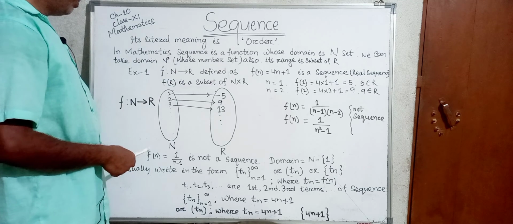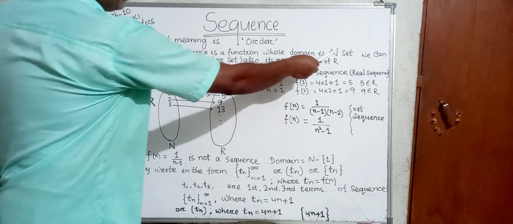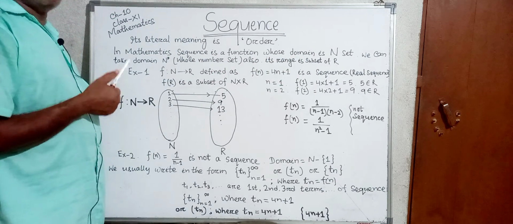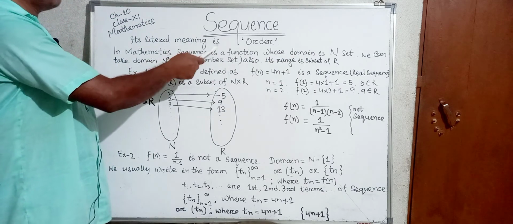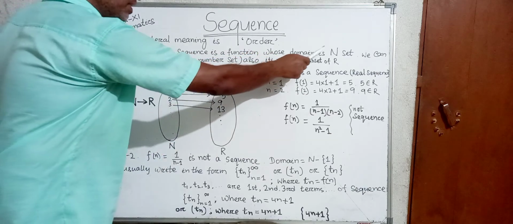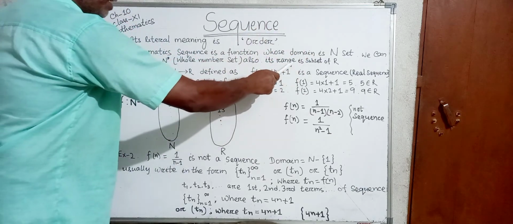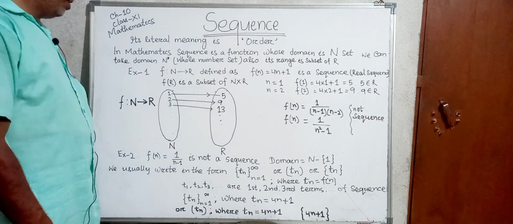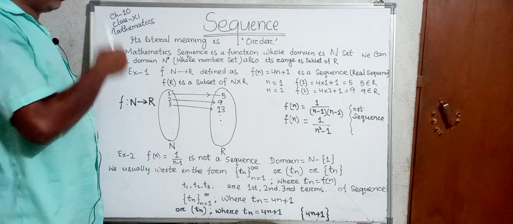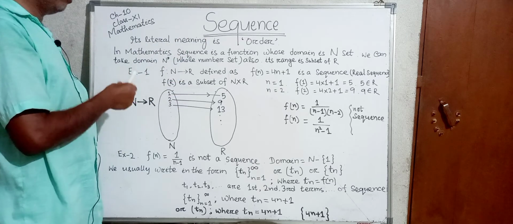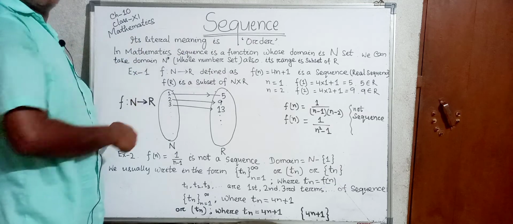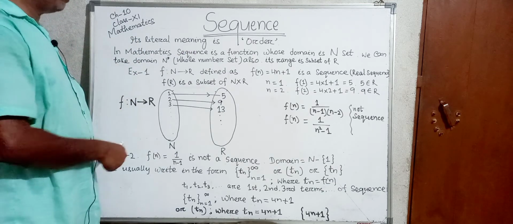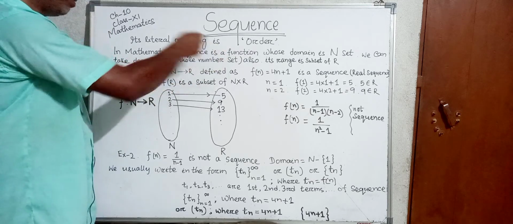So simply we take the N set as domain. So sequence is a function whose domain is the N set and its range is a subset of the R set. I have discussed the meaning of function in previous classes, so here I am not repeating the concept of function.